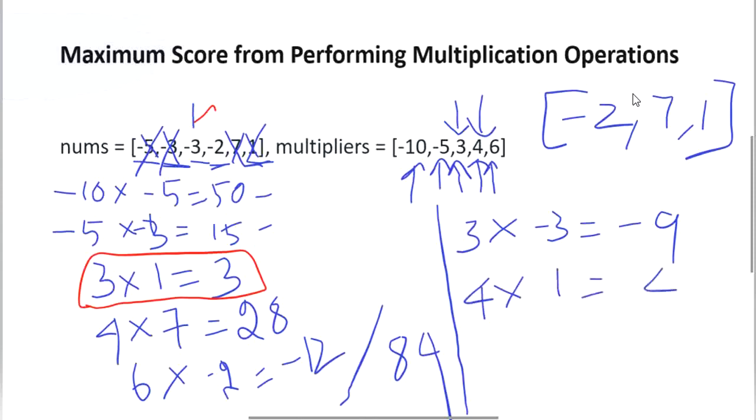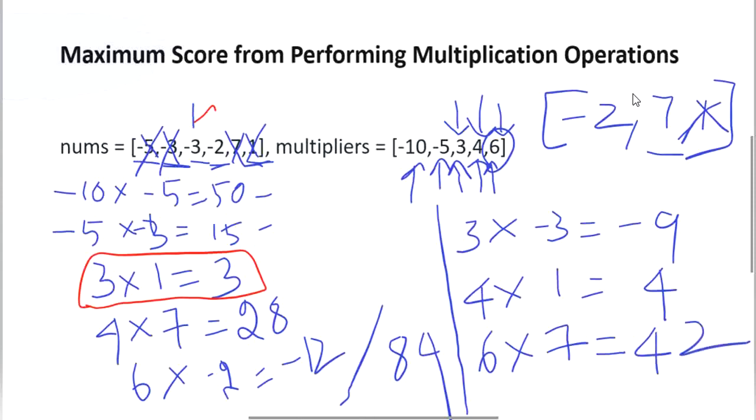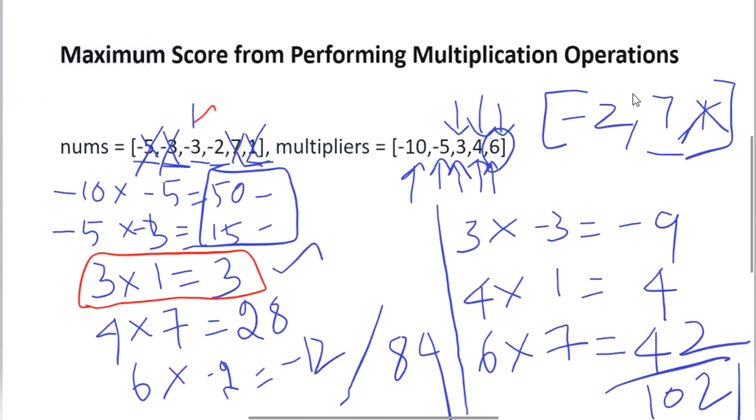It is going to give us 4, and finally our 6. So we have used 1. Now we check whether 6 has to be multiplied with -2 or 7. So 6 with 7 is going to give us a higher value. So 6 into 7 is going to give us 42. So adding these values plus 15 and 50 is going to give us 102. So now by just changing one value, we have arrived at a better solution, 102.